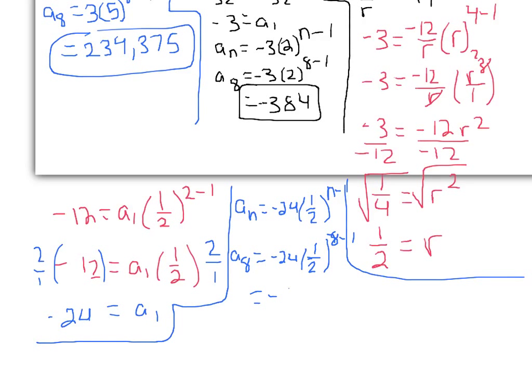So you should have got negative 3/16. No decimals. So there's that, and there's our rule. Okay? So it's not difficult, it's just work.